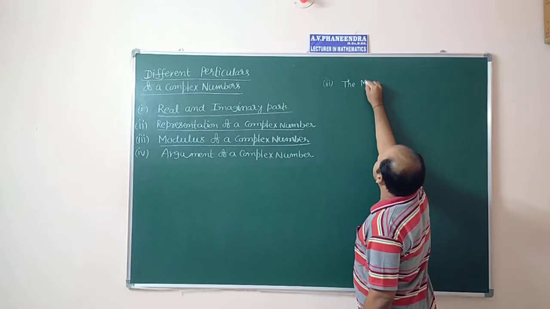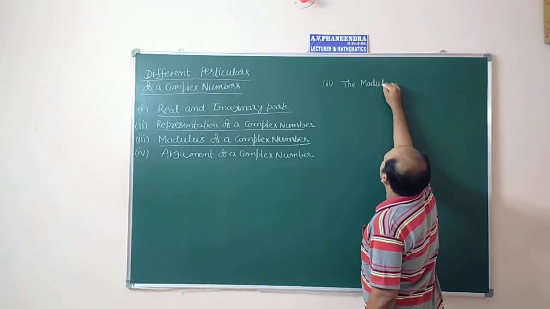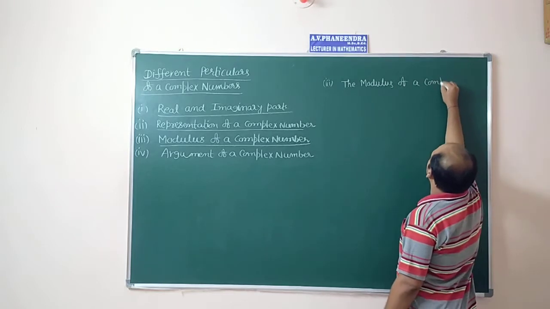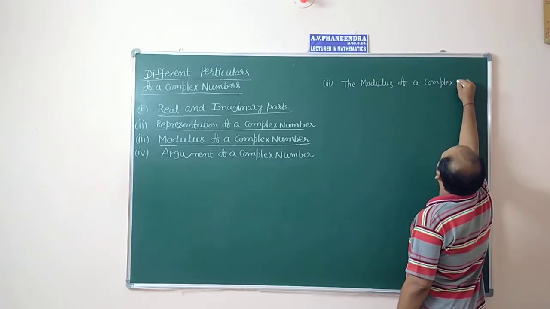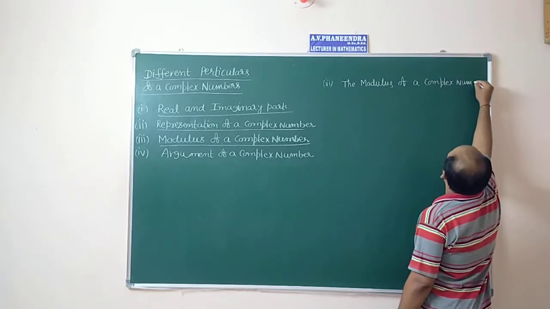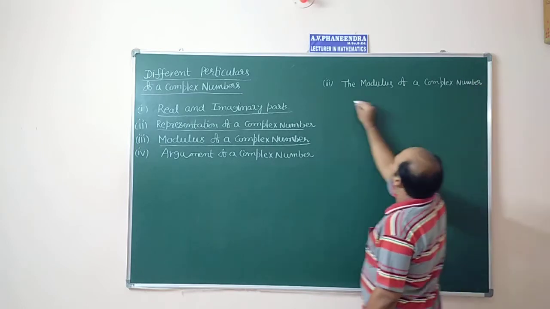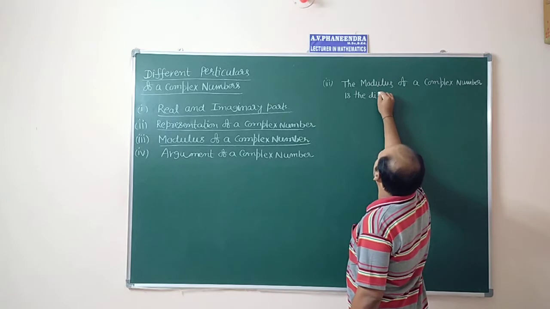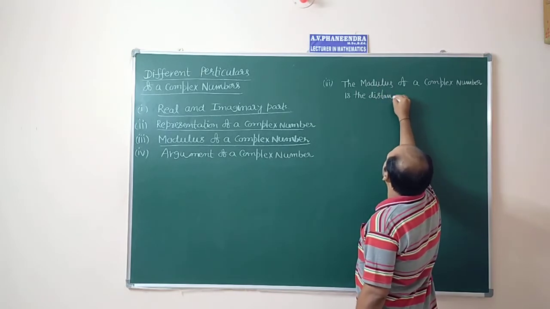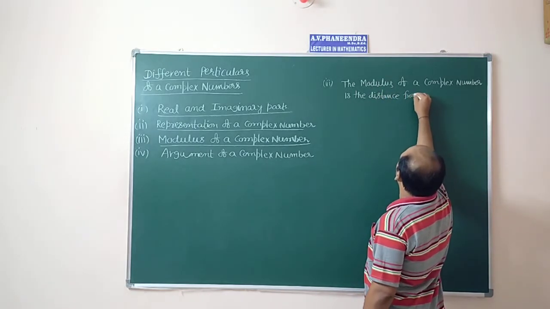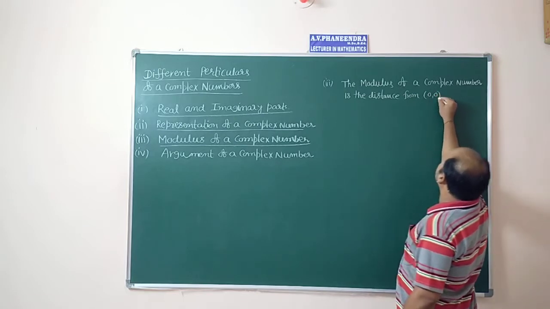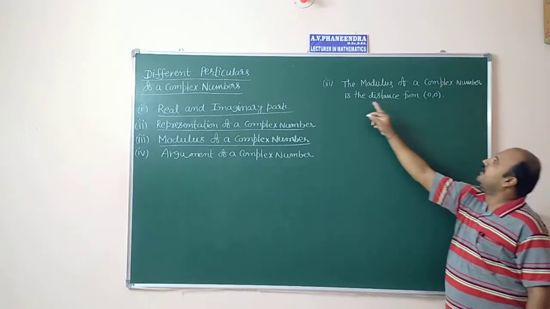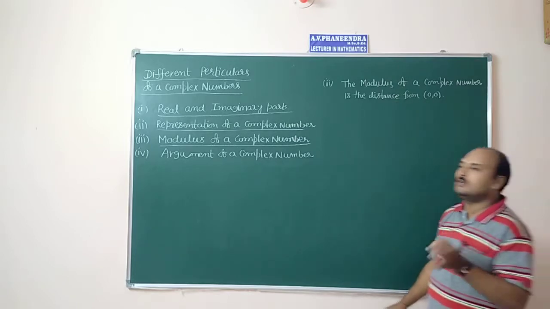The modulus of a complex number is the distance from the origin.